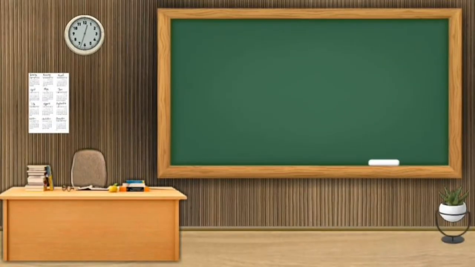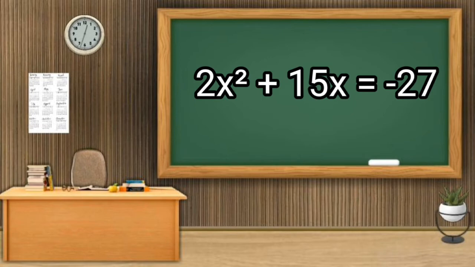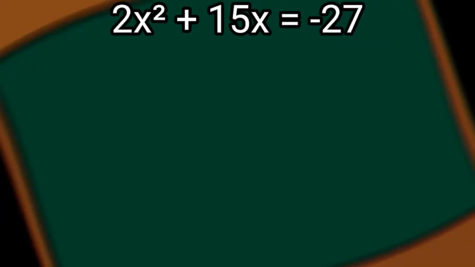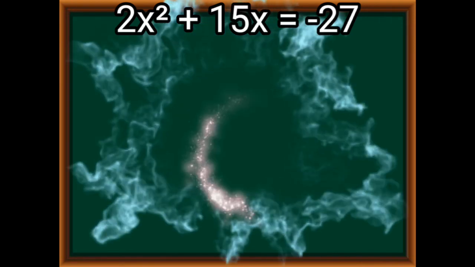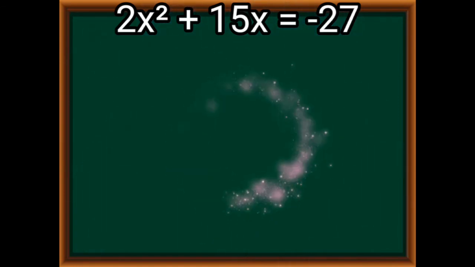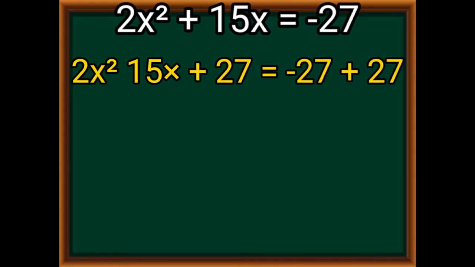So, we have here another example. 2x squared plus 15x equals negative 27. We will notice it is not in standard form. So, let's fix our given equation first. Let's write the standard form first by adding positive 27 to both sides.